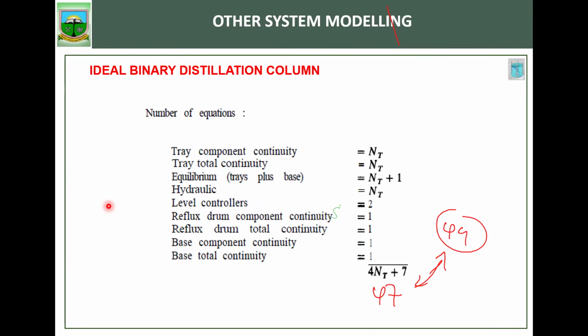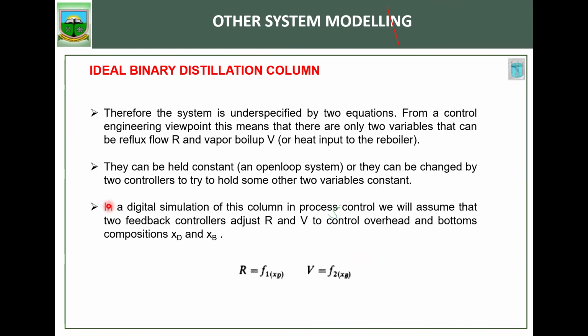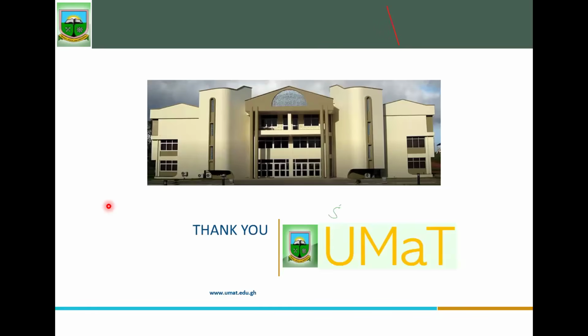So the two other hydraulic equations you solve, if you add them to these 47 equations, then you can solve for all the variables using your Python or your MATLAB program. So when you finish, you see that the two equations here help you to complete the control process. Then you are able to solve the equations.